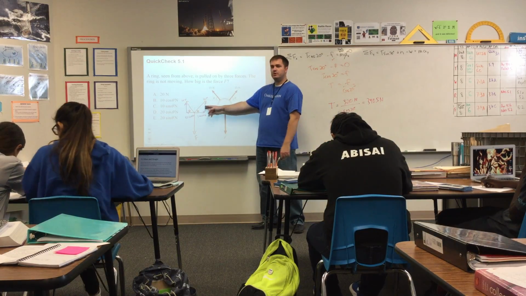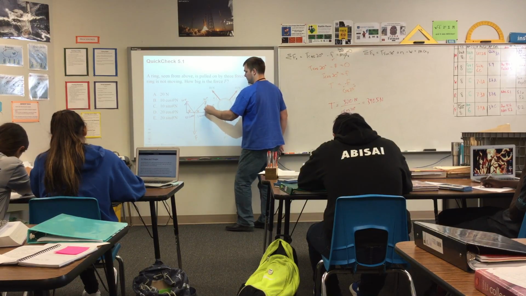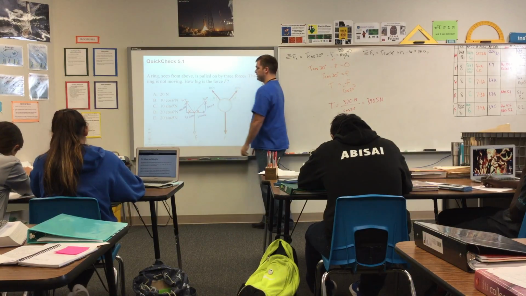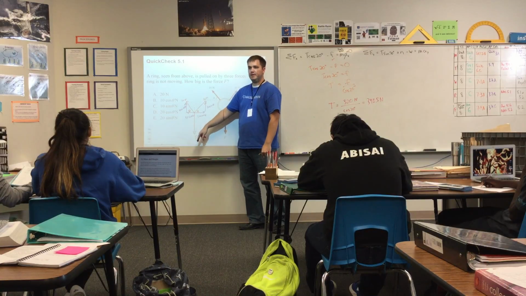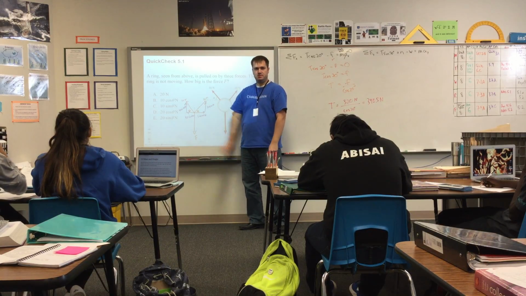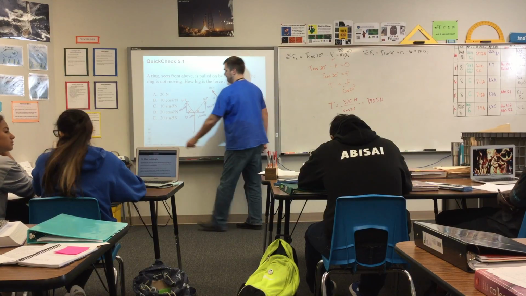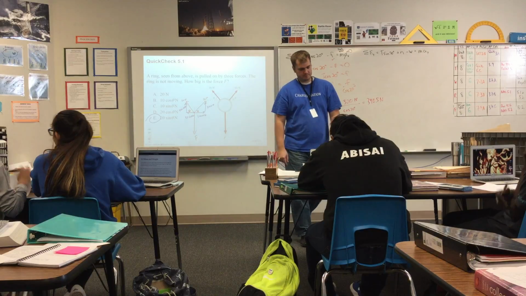What's this vertical part over here? 10 sine theta. What's this over here? Same right there. So if I've got 10 sine theta, 10 sine theta going up, what must be going down to make things completely balanced? 20 sine theta. Right there.